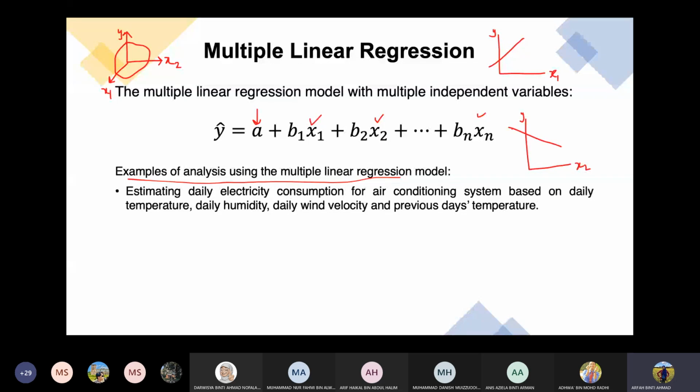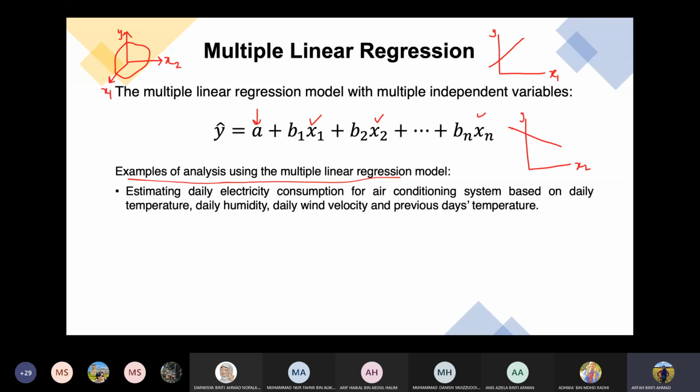Meaning that dia nak tengok penggunaan elektrik untuk aircon yang mana ianya adalah bergantung kepada temperature, that means suhu pada hari terbabit, daily humidity, berapa kelembapan pada hari terbabit, and then daily wind velocity, laju angin, dan juga previous day temperature, that means suhu pada hari sebelumnya.